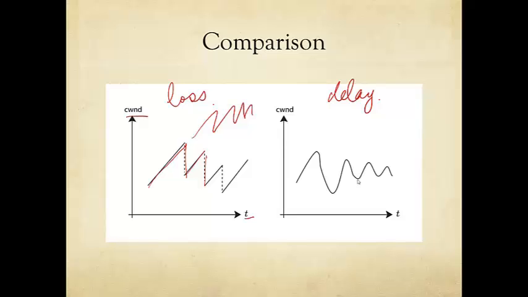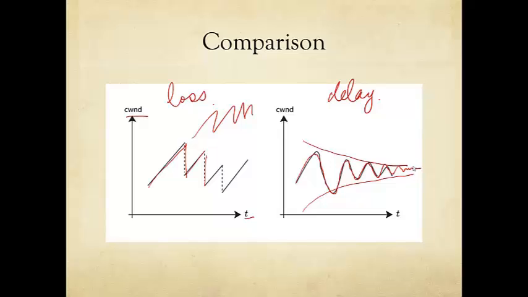Whereas for delay-based, because you're using an early and continuous signal instead of a late and binary congestion signal, you might hope for the convergence of this oscillation through some kind of damping and eventually converge with very little ups and downs around a desirable equilibrium. And that would be the target.